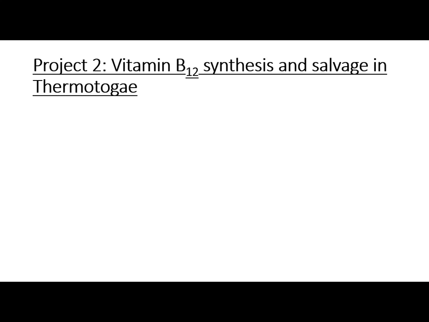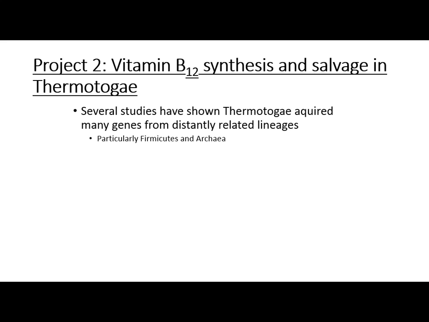So we looked at a certain species called the Thermotogae, and the Thermotogae are a heat-loving organism, a thermophile, and they can grow anywhere from 37 degrees Celsius to like 80 degrees Celsius, right? Some of the cultures I was growing, it hurt to hold onto the bottle. It was too hot, but they were happy. So we found that they can make vitamin B12, and we found through scanning the genomes that they had really unique organization.